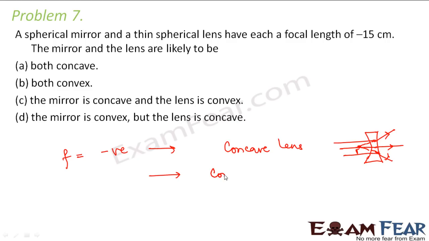It is negative in case of a concave mirror. If you remember, your concave mirror is somewhat like this. That means your center of curvature is here and your principal focus is here. Right, so in this case also it is negative. So the correct answer would be both are concave.